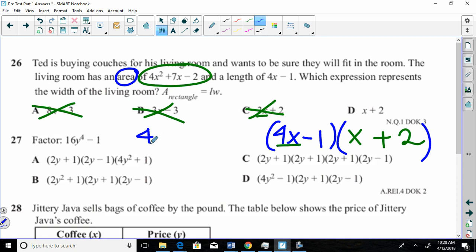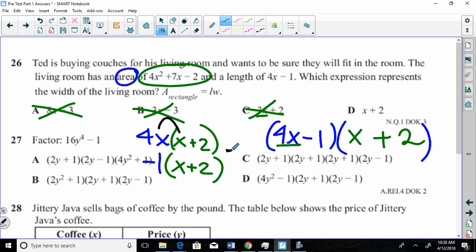So I have 4x minus 1. Poor couple broke up. Poor 4x minus 1. But who's visiting both of them? X plus 2. They're still friends, right? Both couples. And then we multiply. What's 4x times x? 4x squared.